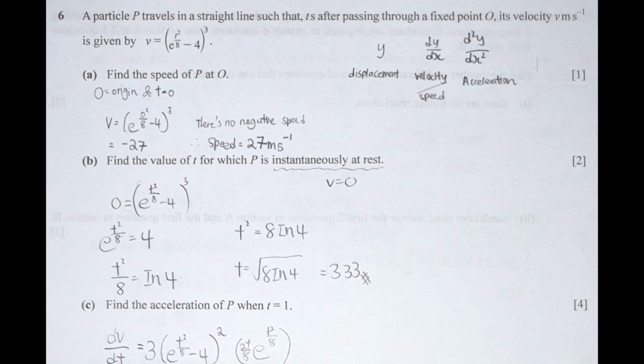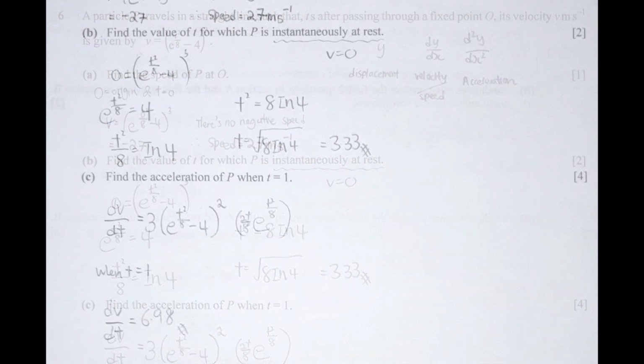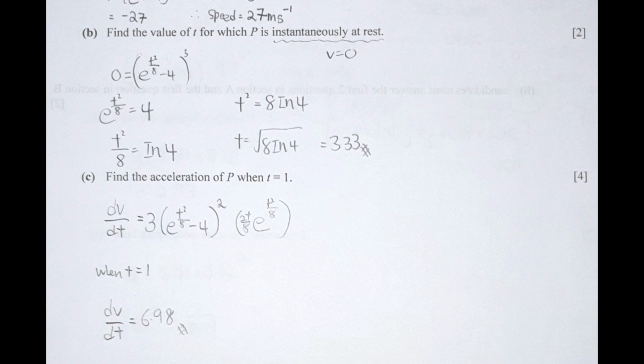So through the calculation, I bring the power of 3 to the outside of the bracket, minus 1 from the power into 2. I copy whatever is inside the bracket into it. Then I differentiate the value inside the bracket, e to the power of t squared over 8 minus 4. From here, I bring out the power, and you will get 2t over 8 e to the power of t squared over 8.